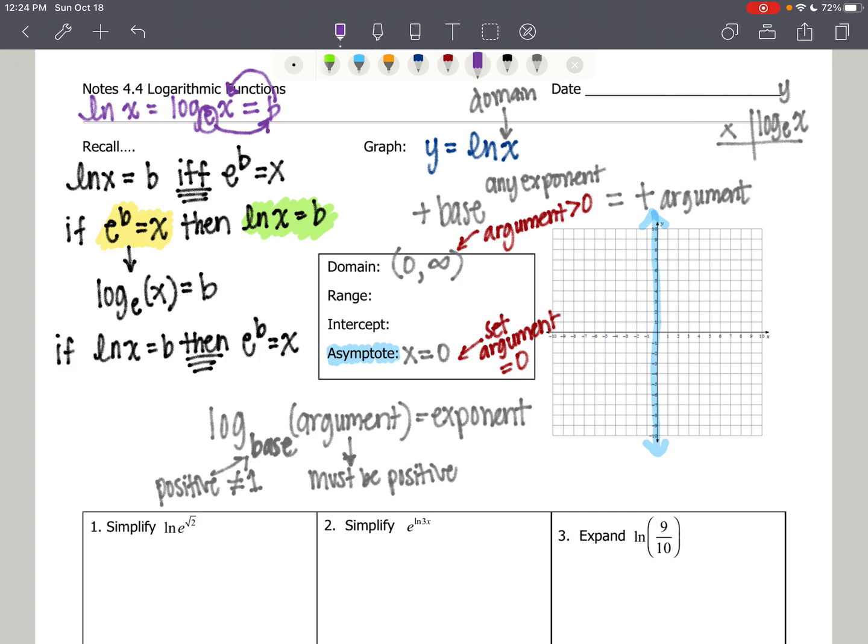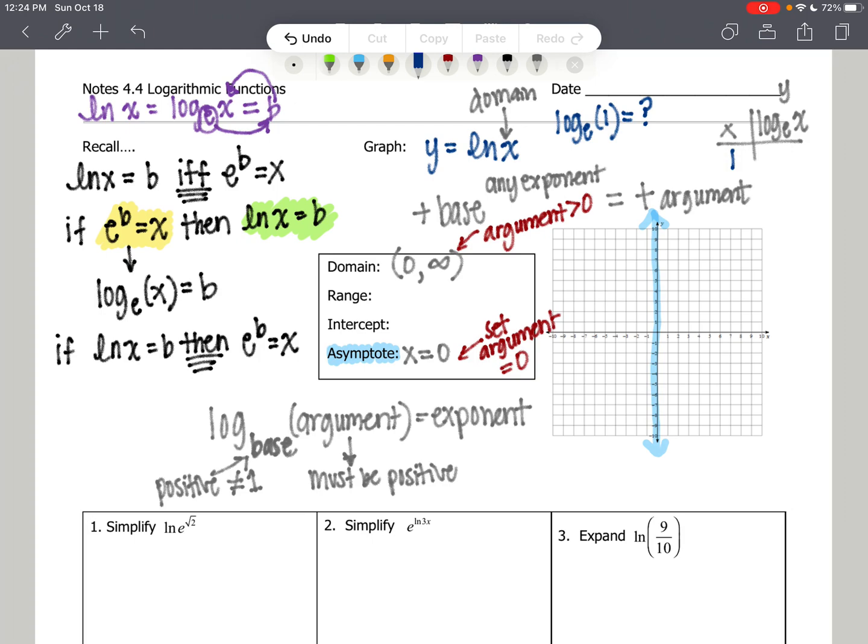If I were to put a 1 in for x, log base e of 1 is equal to what? Well, e to the 0 power is equal to 1. So when you put a 1 into your natural log function, you'll get a 0 out. So 1 goes into the argument, and you get a 0 out.